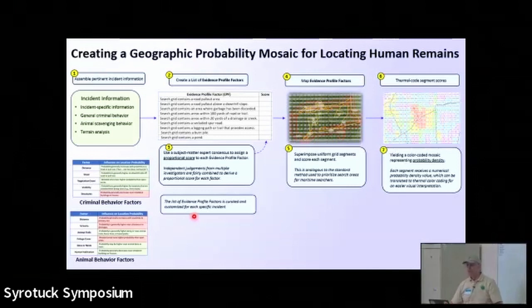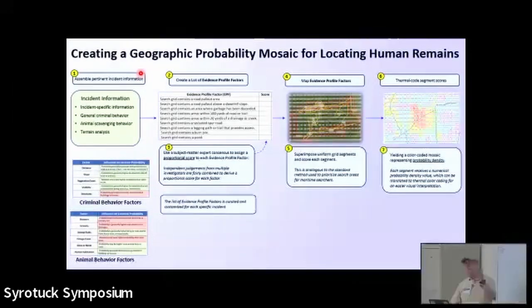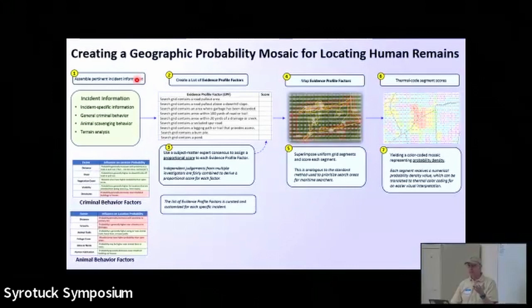All right. So in summary, what we do is collect as much information as we can, couple that with on-scene scouting and incident-specific information. We consider criminal behavior at the qualitative level and animal scavenging behavior, and then, tailored for each specific incident and working with investigators and law enforcement, we come up with an incident-specific list of evidence profile factors.